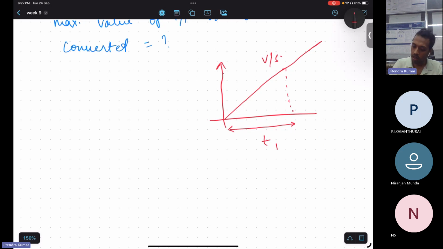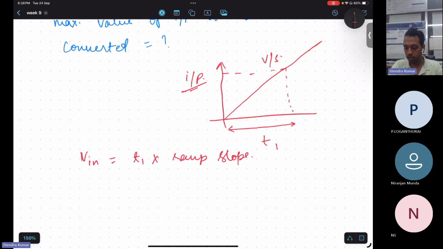Whatever value it measures will be your input value. So if you know the slope and the time, you could get the input voltage. V input will be equal to t1 seconds into the ramp slope. The slope unit is volt per second and this is also in seconds, so second into volt per second will give you volt.